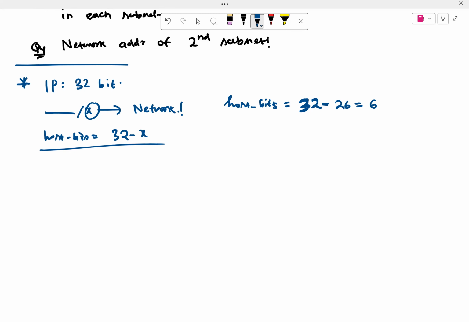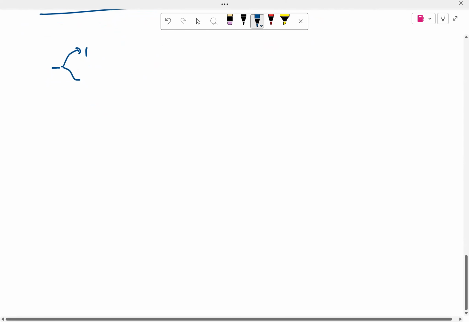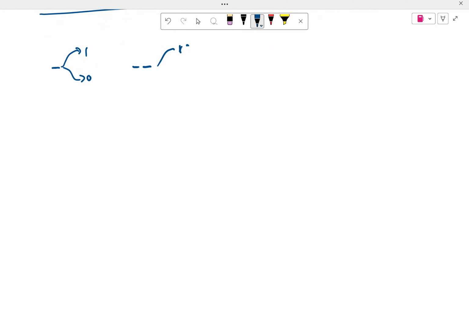If I have 6 bits, how many numbers can I represent with 6 bits? If I have 1 bit, I can represent 2 things, 1 and 0. If I have 2 bits, I can place 00, 01, 10, 11. That is 2 to the power n, which is 2 to the power 2 equals 4.